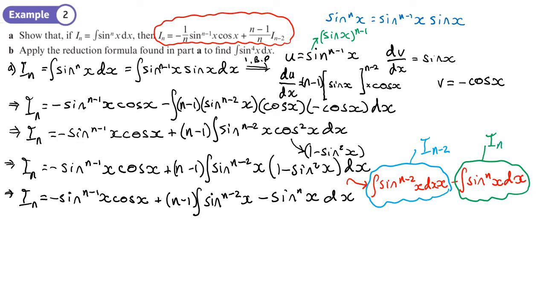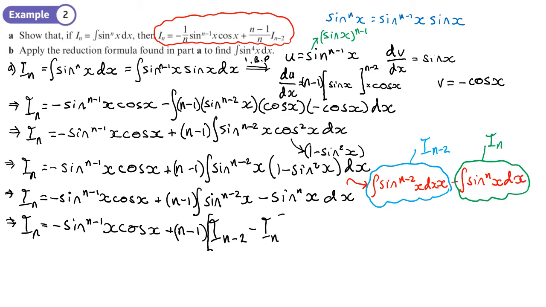So we're going to make those substitutions. So I sub n equals this, and now we have I sub n minus 2 and I sub n here, like that.